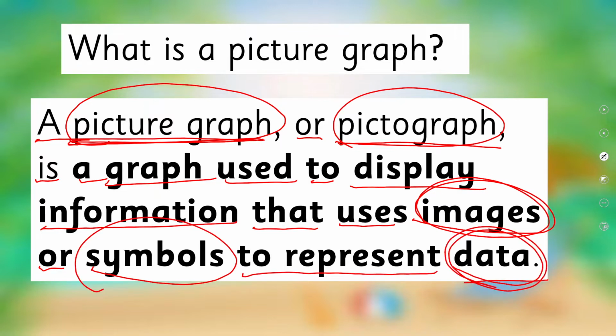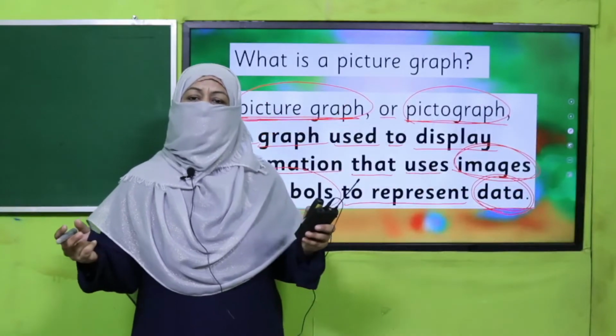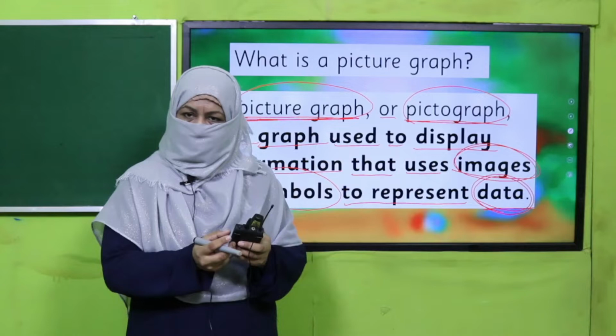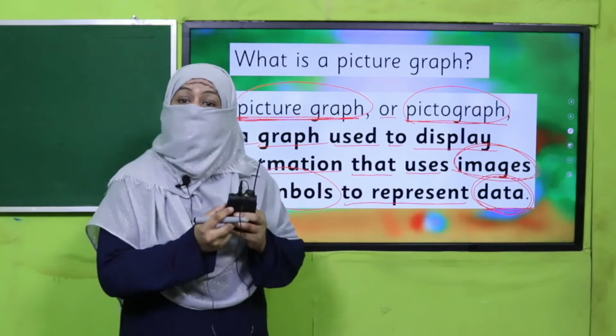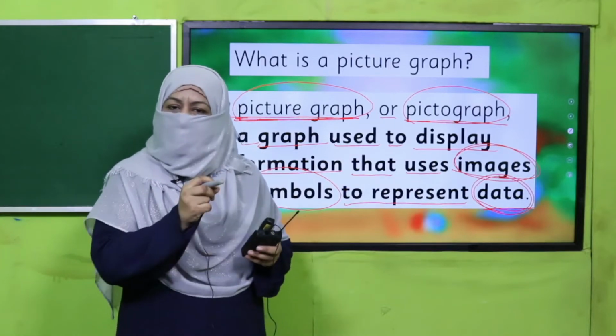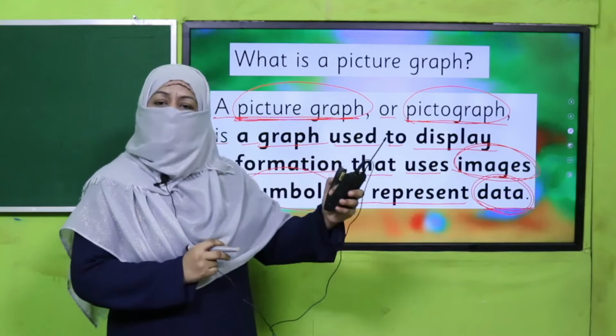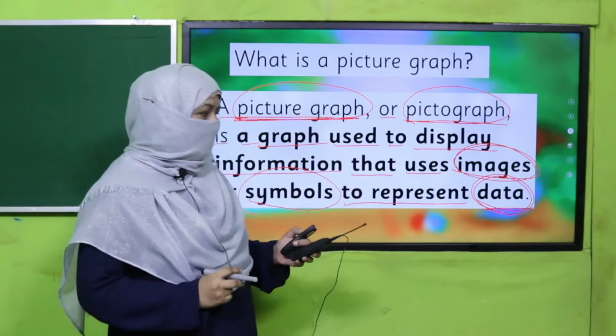And what is data? Any information. Basically, when we collect different types of information, that is called data. So we can write it and we can show it on a graph. How do we do that?